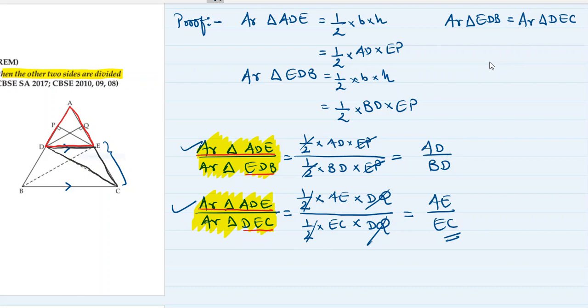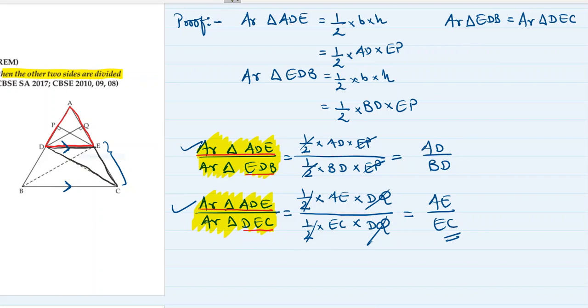I don't know how many of you will remember this, but this is from a chapter called areas of parallelograms. Do you remember that chapter from class 9? Area theorems, or areas of parallelograms. And what is the theorem? See, these two lines are parallel.